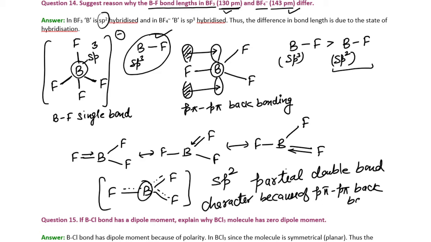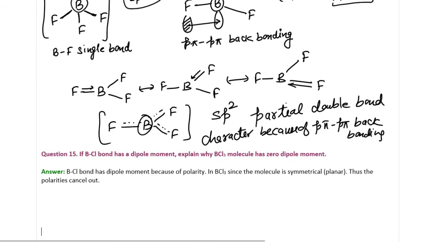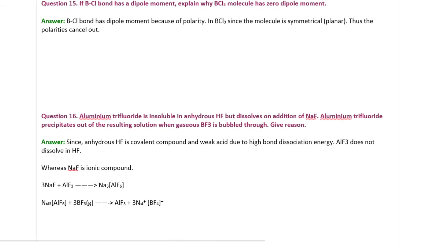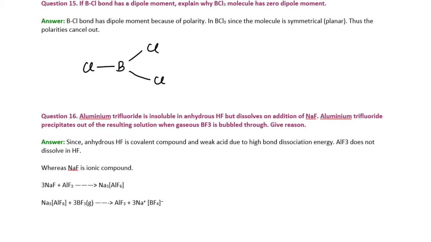Right. Now question number 15. If the BCl bond has a dipole moment, explain why the BCl3 molecule has zero dipole moment. You know there is an electronegativity difference between boron and chlorine, but polarity is towards chlorine.